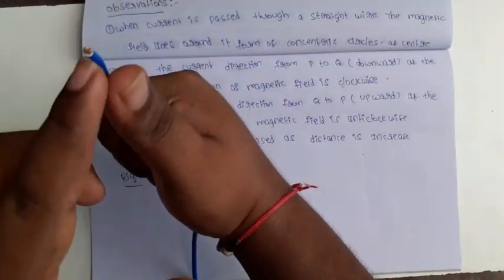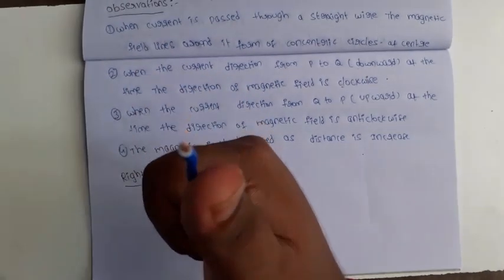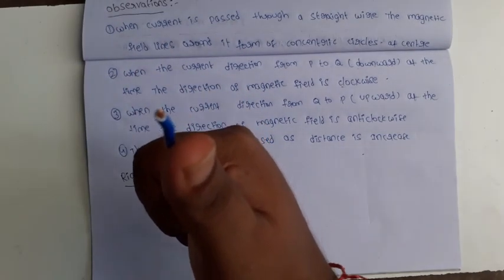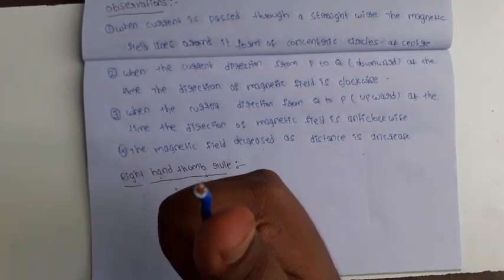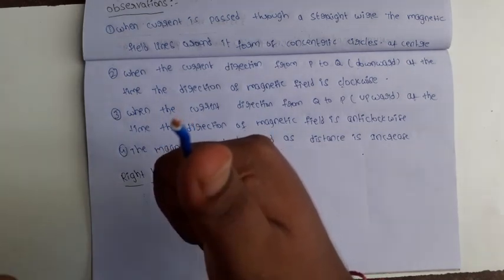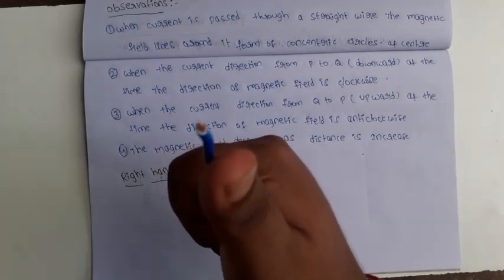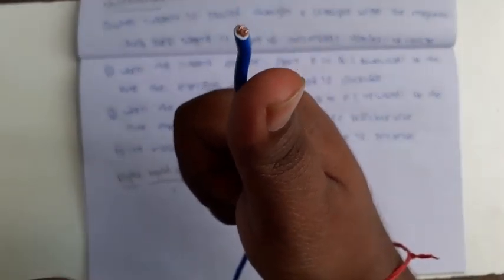Suppose this is a conductor. In this conductor I find the magnetic field direction with the help of the right hand rule. How do you find the magnetic field direction? The thumb finger shows the direction of the current. So in this conductor the current direction is upward.